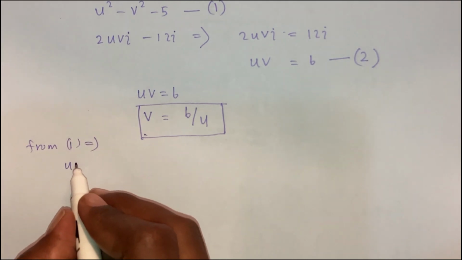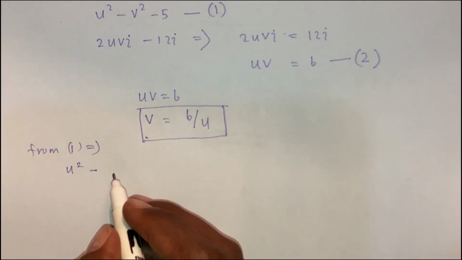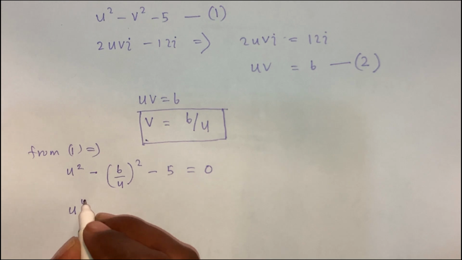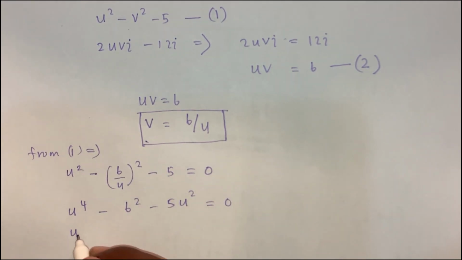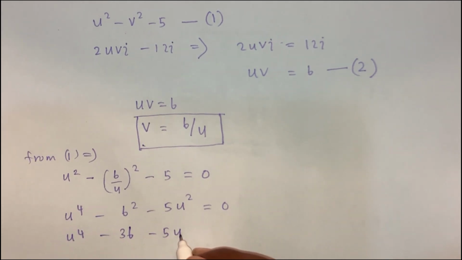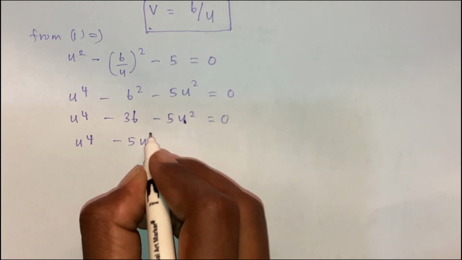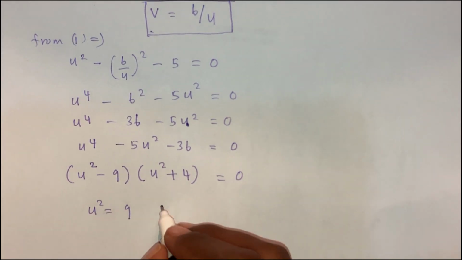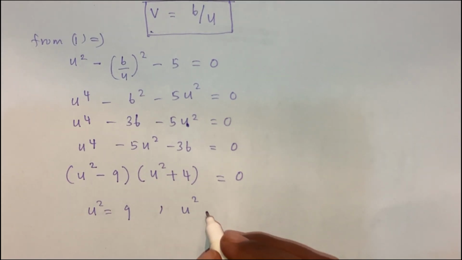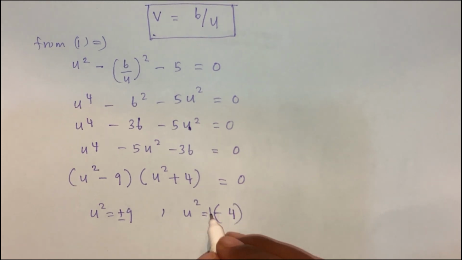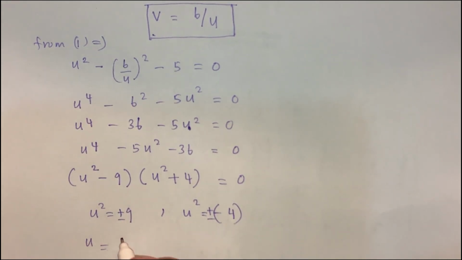From 1. u squared equals plus or minus 9 and plus or minus -4. u equals plus or minus 3.